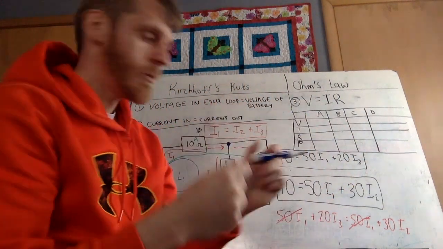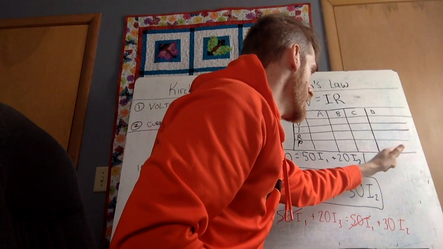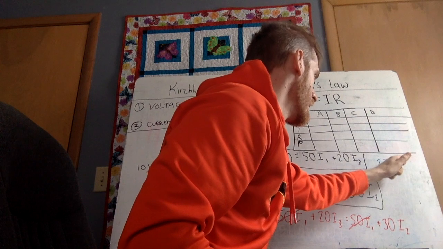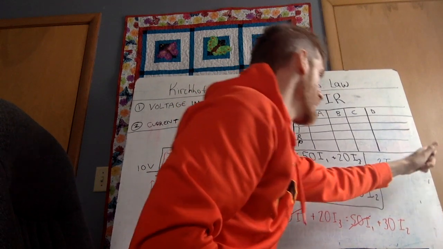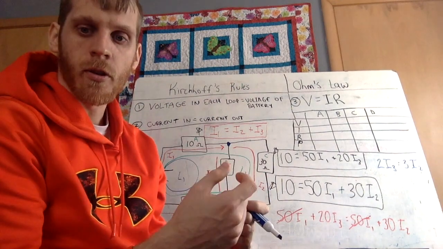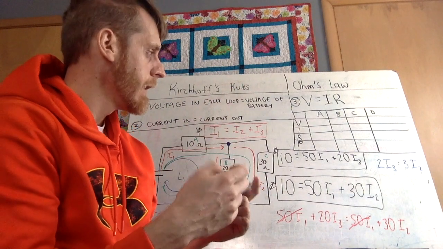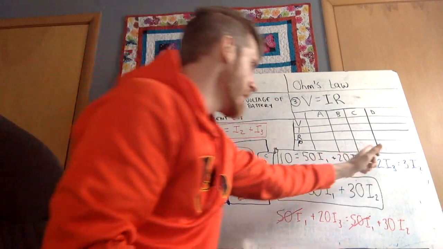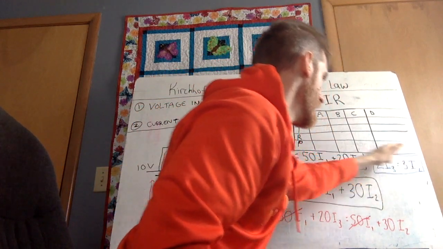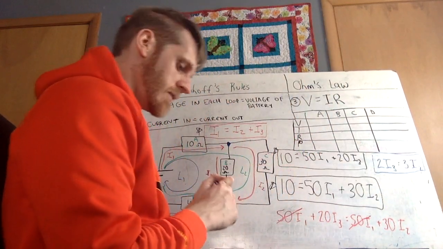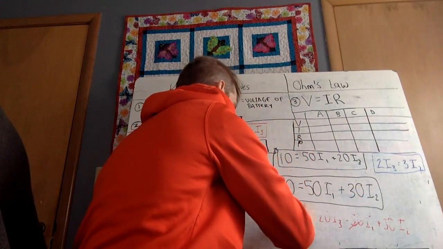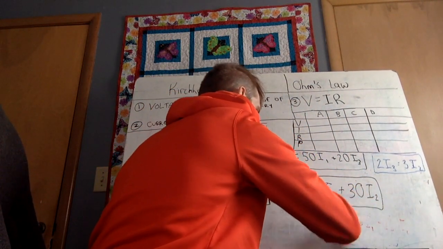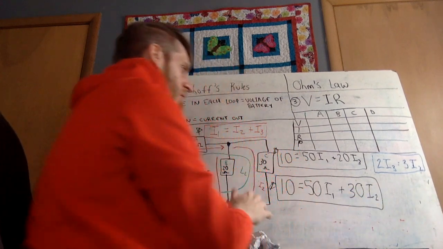Or I could simplify that even more: 2 I3 equals 3 I2, because if 20 I3 equals 30 I2, then I just divide both sides by 10. Okay, well, there's another equation here, which means I don't need this bottom one anymore. All right, so that's one more piece of information I got.